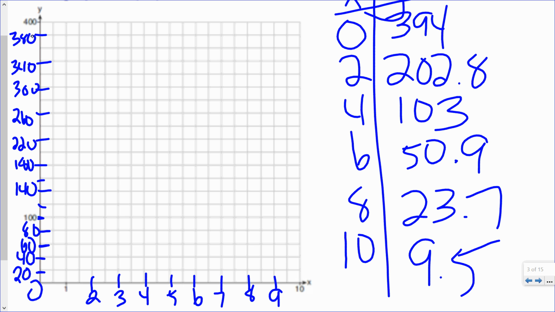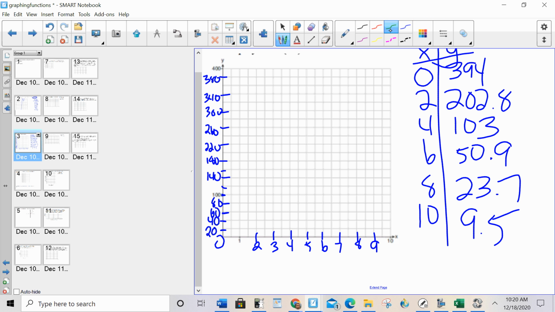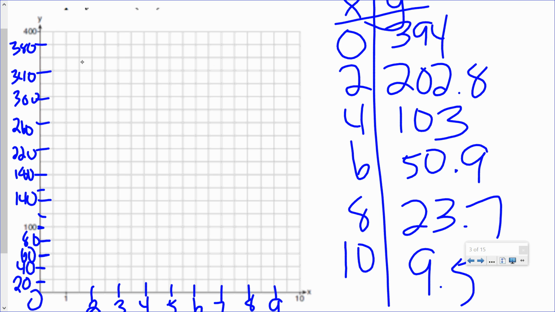Now, understand when you plot your points, they're not going to be perfect. So it's okay. It doesn't have to be super accurate. They just need to be between the correct boxes.